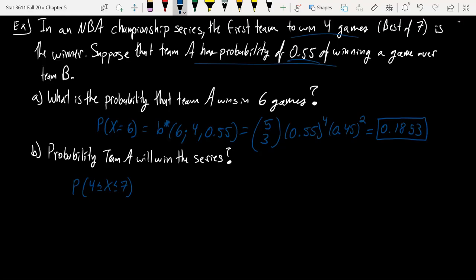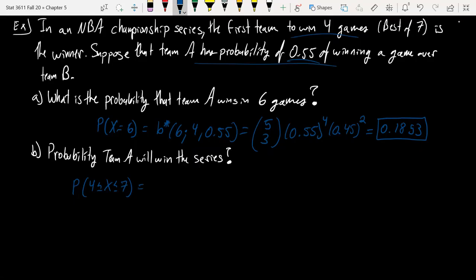Not only are they distinct, these are disjoint cases, right? If Team A wins it in 4 games, then the 5th game is never played. If Team A does not win it in 4 games, but they win it in 5, then the 6th and 7th games are not played.